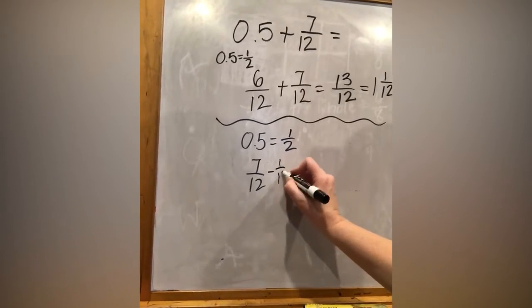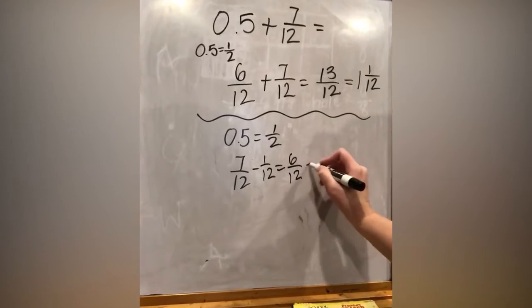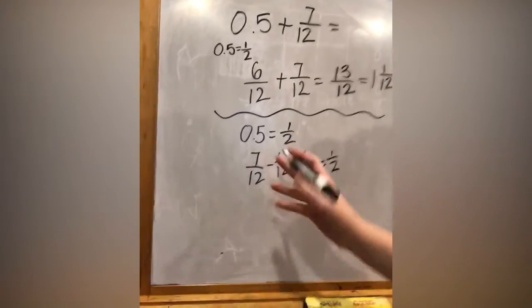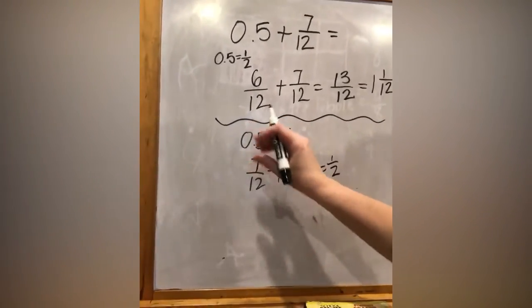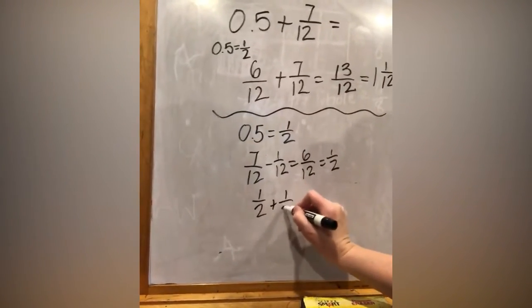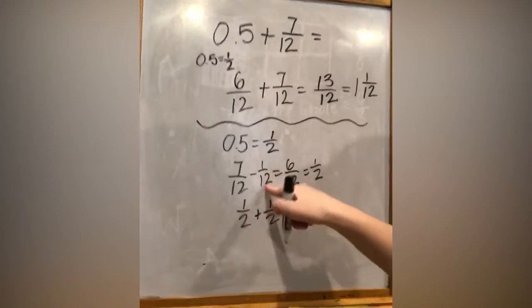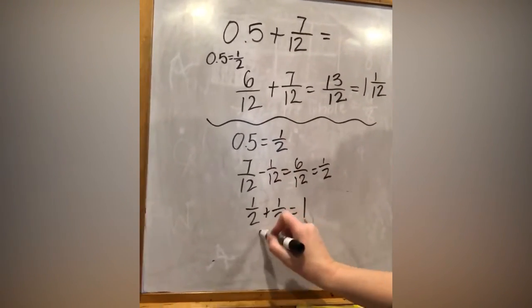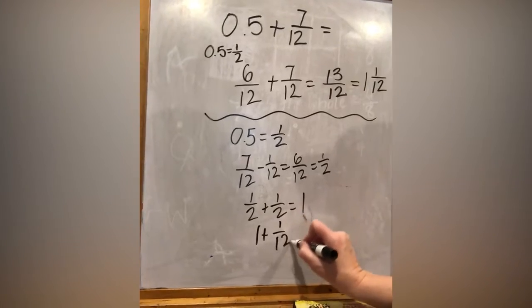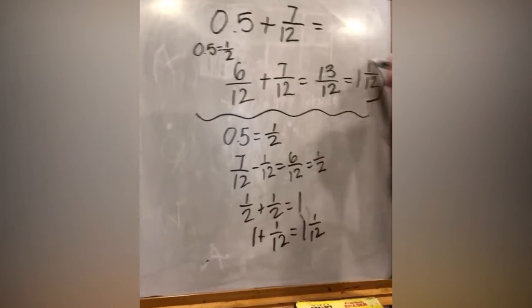So I have to subtract 1/12, right, to be left with 6/12 here, which is equal to 1/2. So if I take out that 6/12 and add it to my 5/10, I know that's 1/2 plus 1/2, which is 1 whole. And then remember I had to take that 12th out to make it 1/2. So now I'm left with my 1 and 1/12 answer, which is the same as what I had up here.